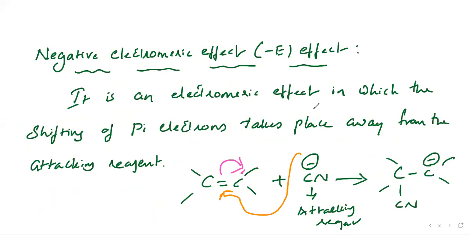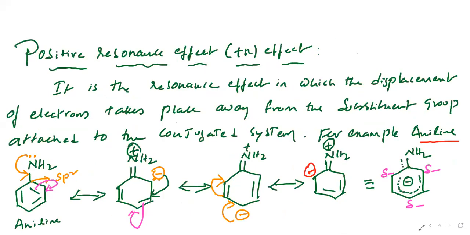The last structure is the resonance hybrid, we are calling it. I will show you, students. Resonance hybrid means all these four structures we are representing in one structure. That means, how a child can represent father and mother. If you take a child, the child has the features of both mother and father.